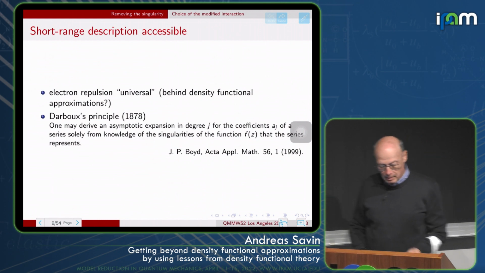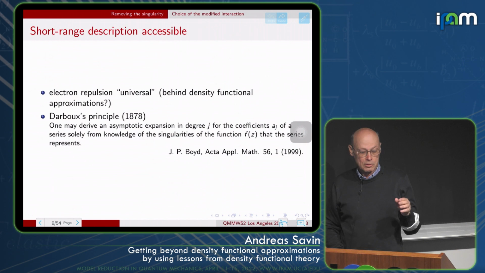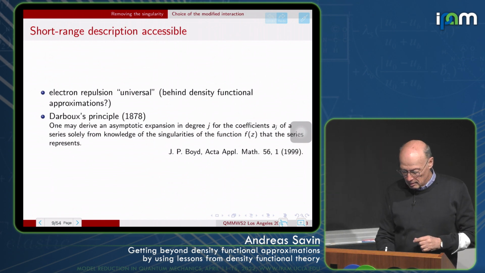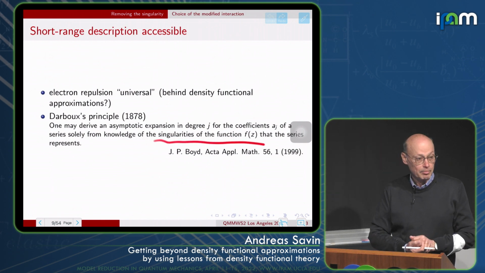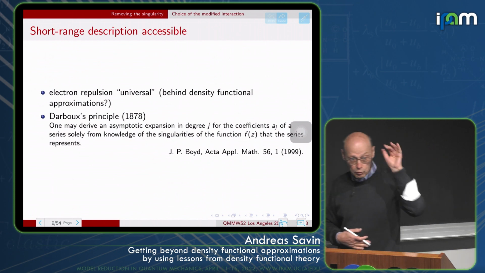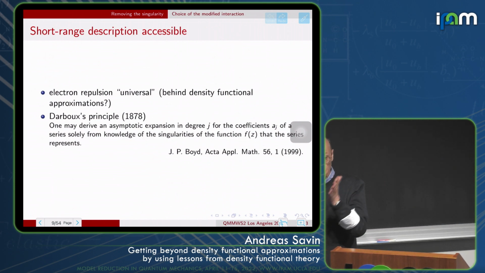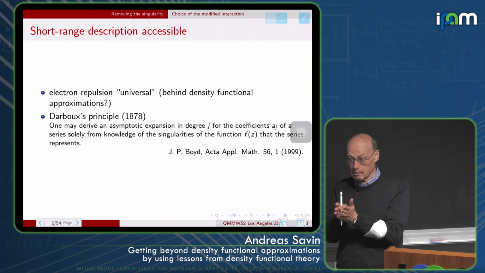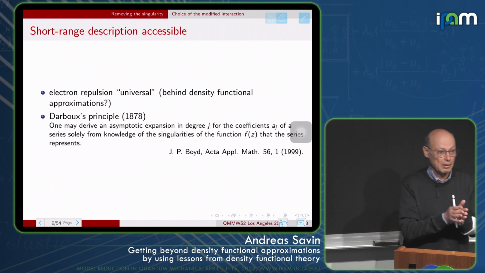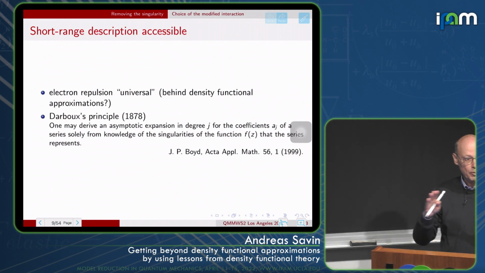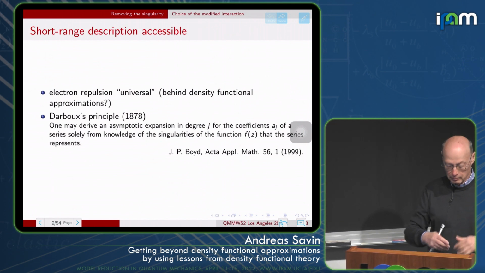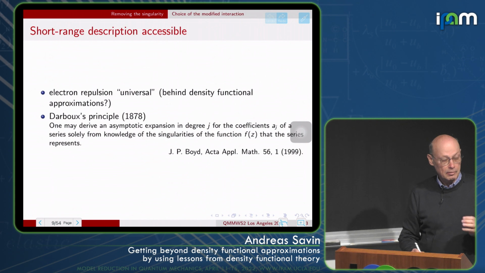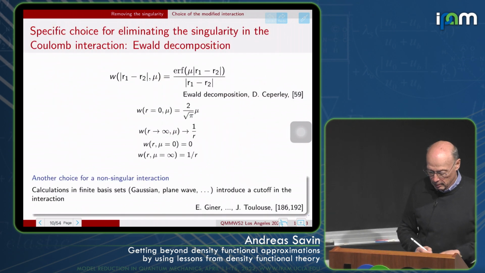So even for asymptotic expansions, the singularities of the function matter. The singularity is a Coulomb singularity. So if I want to correct something, I have to take care of the fact that there is a singularity that I'm missing. And this structure can be propagated. This is the essence, in fact, of all the approximations that come.